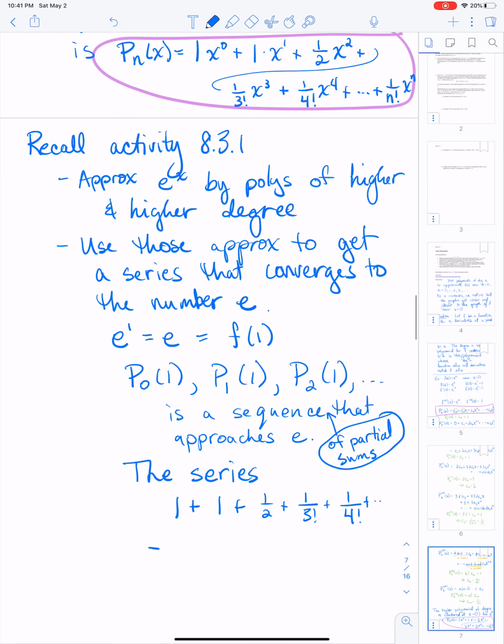And I'm going to go ahead and write this in sigma notation. This is the sum of 1 over x factorial, sorry, not x factorial. I'm going to use k factorial from k equals 0 to infinity.